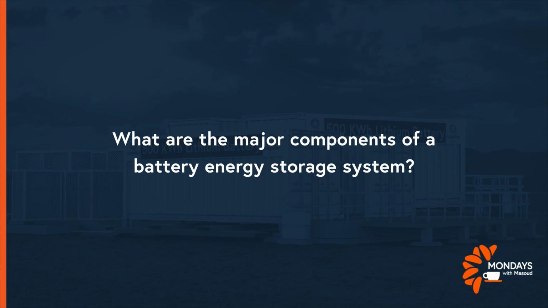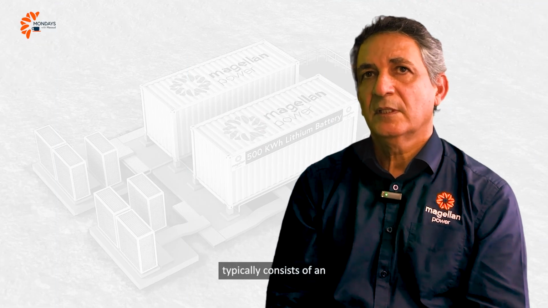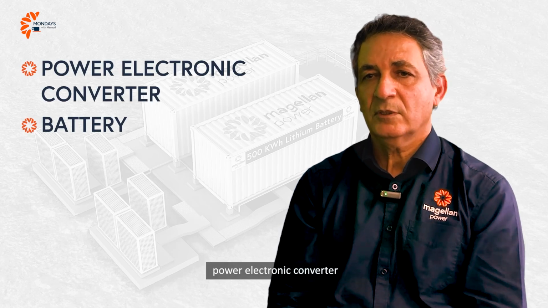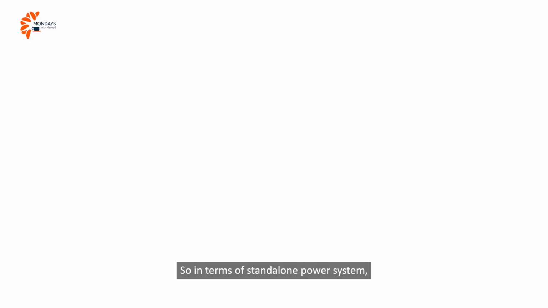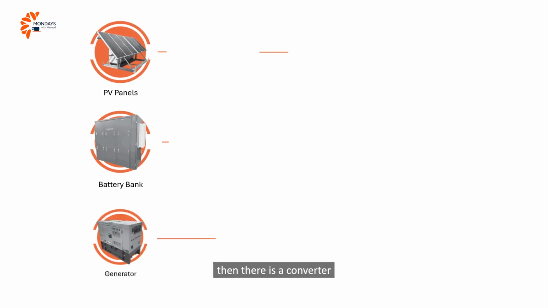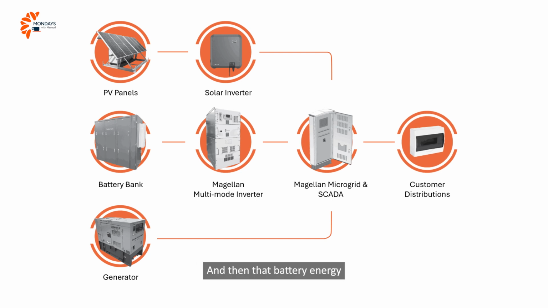And energy storage typically consists of an electronic converter, a power electronic converter, and a battery. So in terms of a standalone power system, there is a converter that converts solar power into battery energy, and then that battery energy is converted to AC power, which is the normal power, using an inverter.